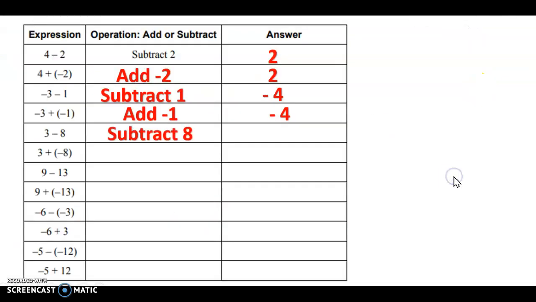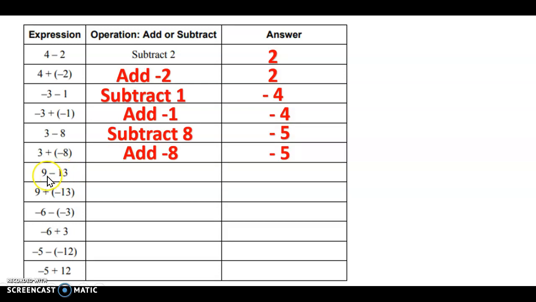So I need to take away 8, and I got -5. Now addition, hey, on addition it says different signs, you subtract, so 8 minus 3 is 5, and we end up with -5 because there's more negatives. So addition, you can use the addition rules. Subtraction, there are no subtraction rules. So you can either use the integer counters or you can figure out something we'll tell you in a little bit.